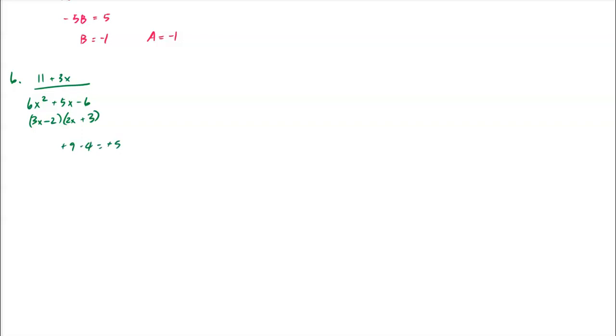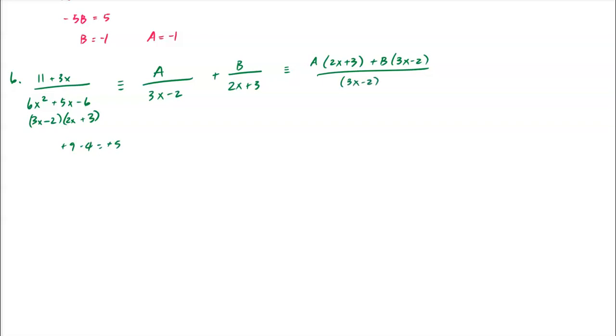Okay. It's going to be a over 3x minus 2 plus b over 2x plus 3, and it is going to equal a times (2x plus 3) plus b times (3x minus 2), and our common denominator is 3x minus 2 and 2x plus 3.